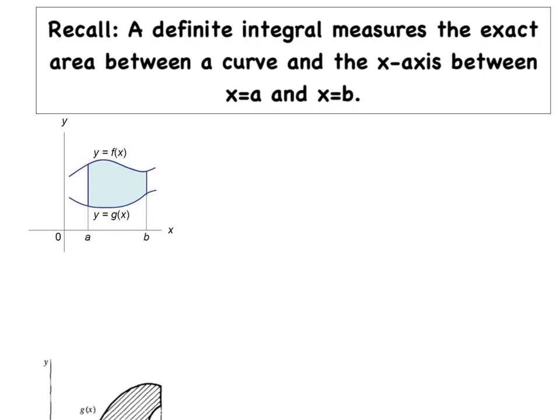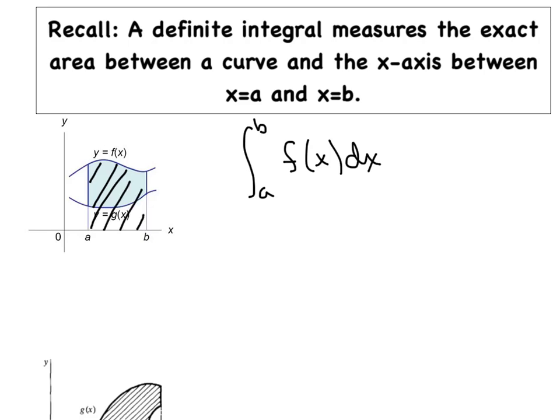So first of all, if I threw out the integral from a to b of f of x alone, what that integral would do is tell me the area of everything underneath f all the way down until I hit the x-axis. Contrary to that, if I did the integral from a to b of g of x, that would tell me the area underneath g down until I hit the x-axis.